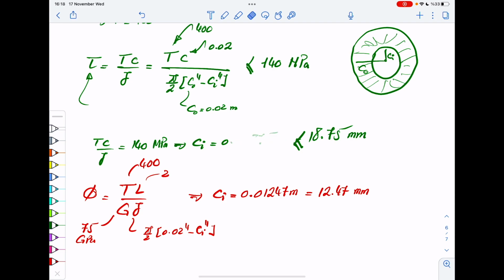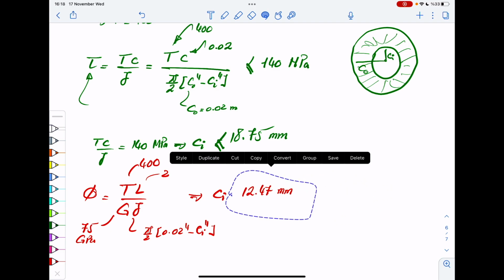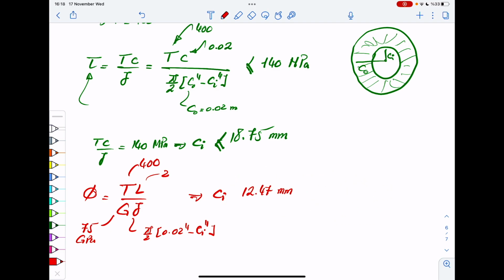Just to be clear, let me remove this, and I do the same thing here. So now we get a Ci that is at 12.47 millimeters. You can play the same argument here.